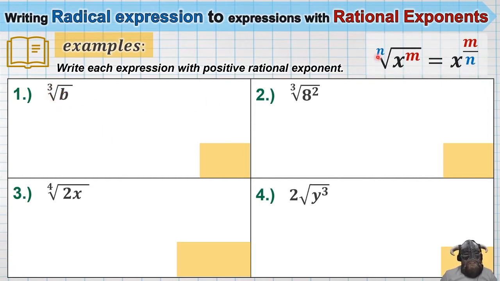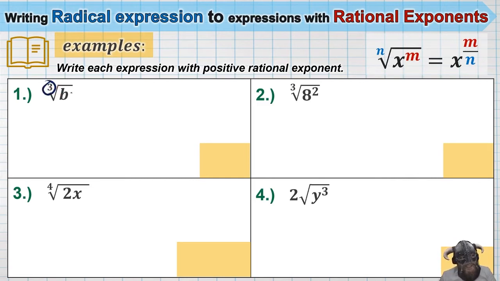So, in this case, ang hahanapin lang natin dyan is yung n natin, which is our index. At gagawin natin siyang denominator ng ating rational exponent. And then, yung numerator naman ng radicand natin sa loob ng radical sign will become the numerator of our rational exponent.